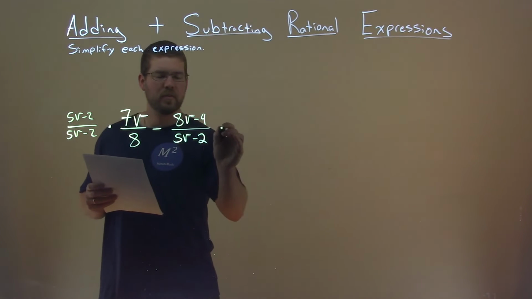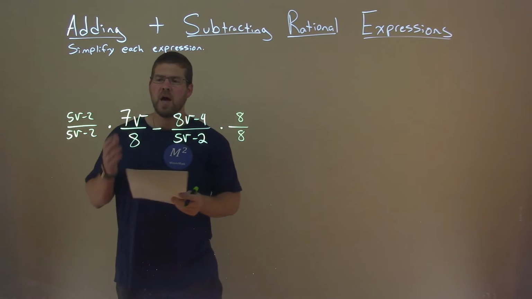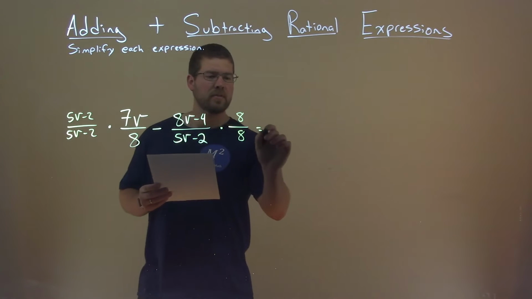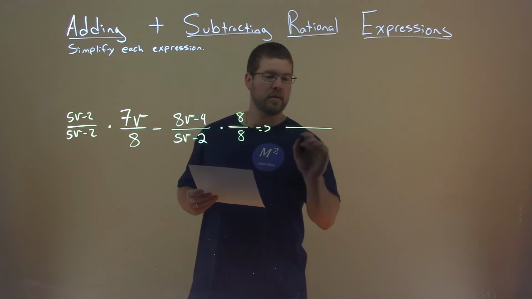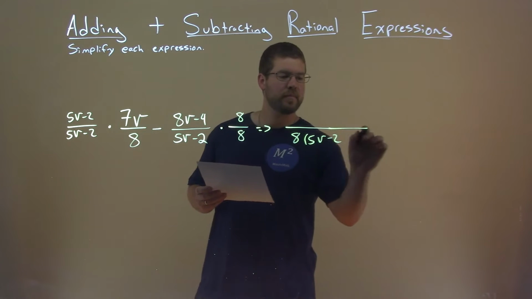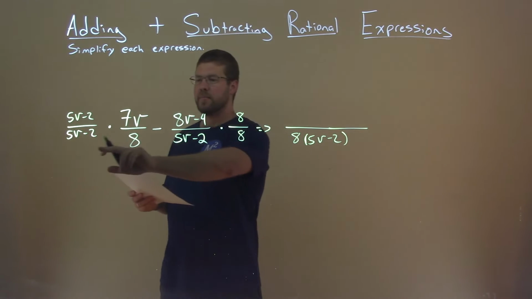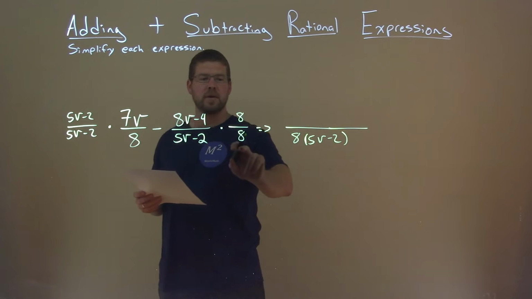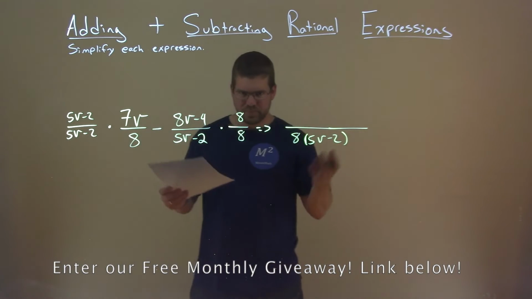And we're going to do the same thing on the other side. 8 over 8 now. And what this does, it gives us a common denominator, which is 8 times 5v minus 2. So we have that same common denominator now, 8 times 5v minus 2, 8 times 5v minus 2, and we can combine these two parts.